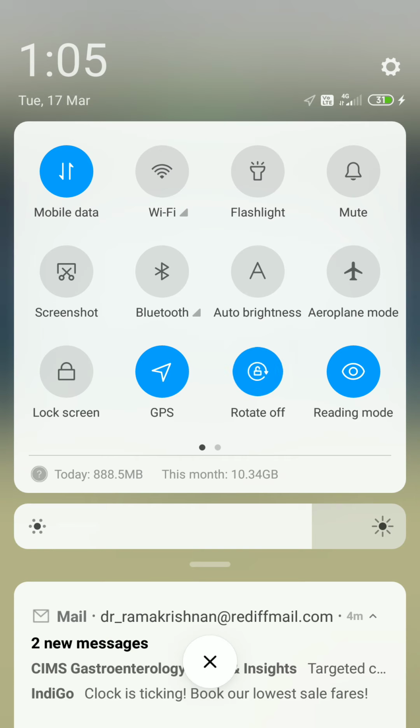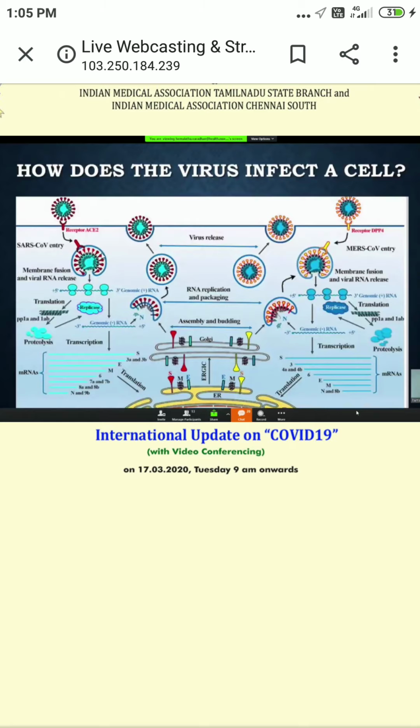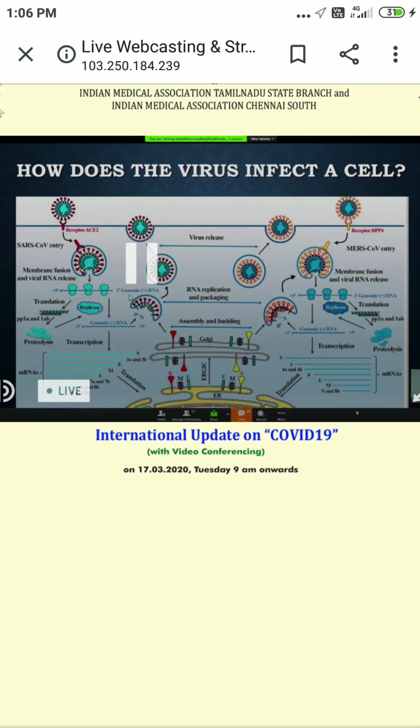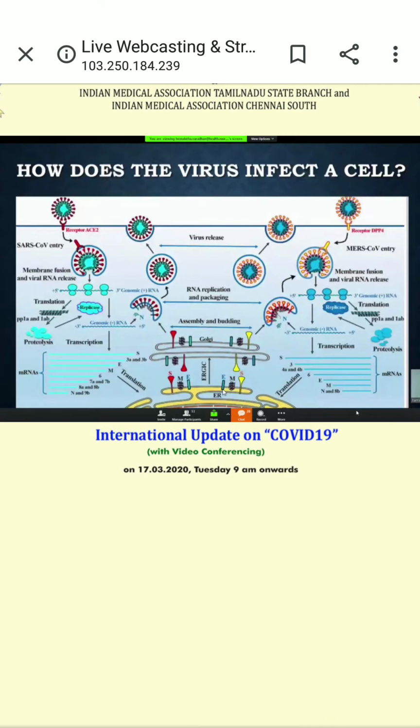Now, as soon as it gets in, it fuses, it releases the information code, which is the mRNA, and we know that it's a positive sense, which means that it's ready to get replicated. So it sends the mRNA code and instructs the human cell to start producing the spare parts, and the spare parts are nothing but the spike proteins, your envelope proteins, and the membrane proteins that we just looked at, which is the structural and the non-structural proteins.